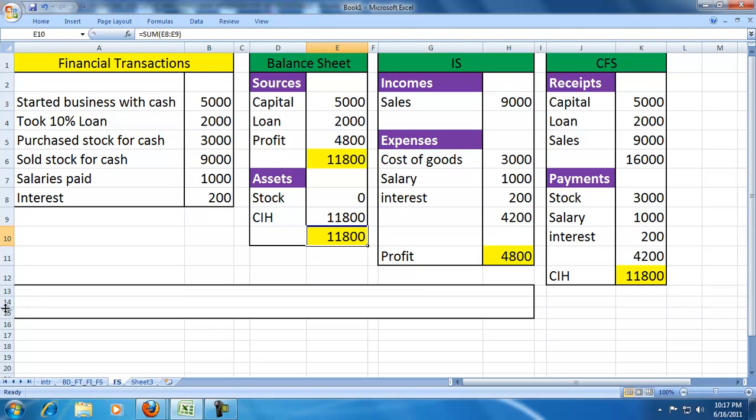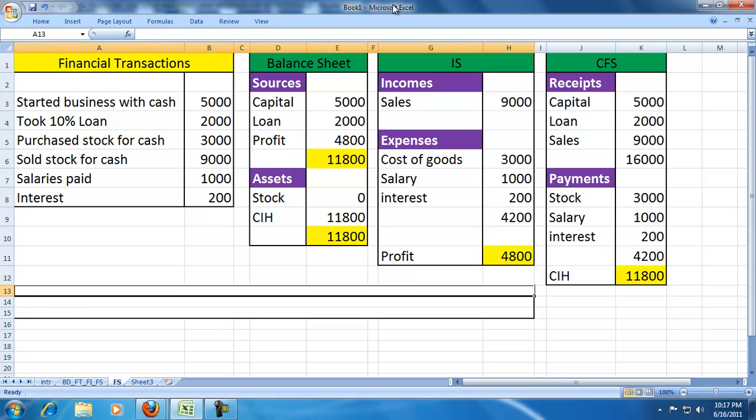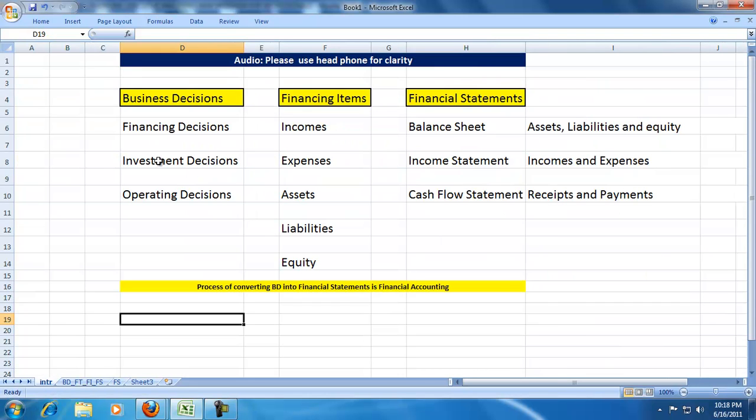But as I said, my focus is not the financial statements now. The example is to demonstrate that every decision you take will find a place in the financial statements in the form of financial items.